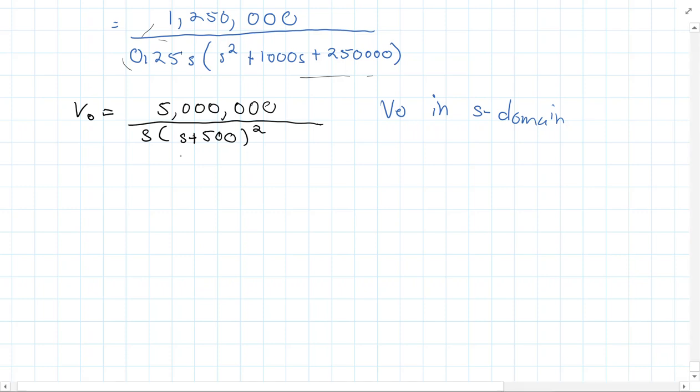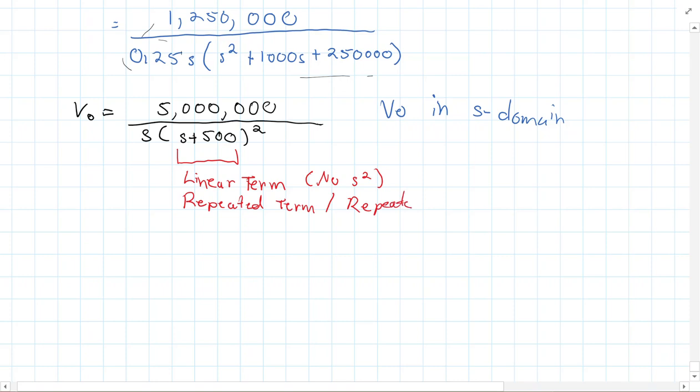Now, what we need to look at here is this is still a linear term, because we have no s squared. But it is what's called a repeated term, or often we like to refer to that as a repeated root.